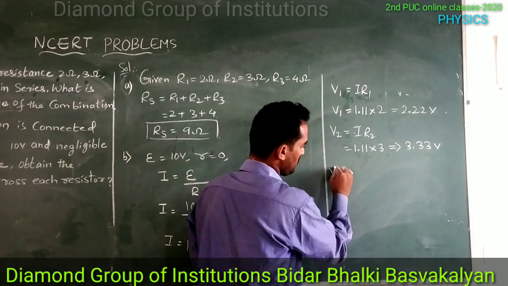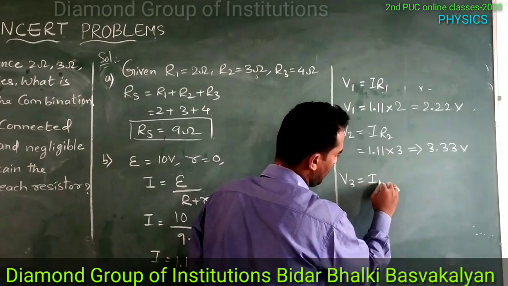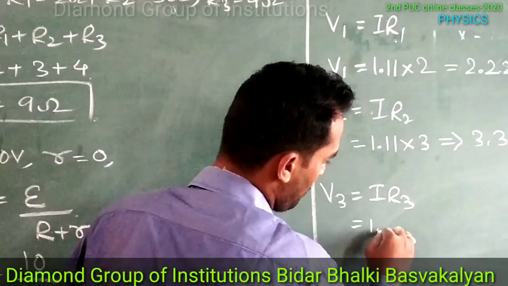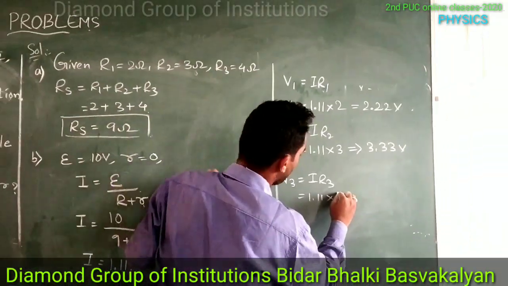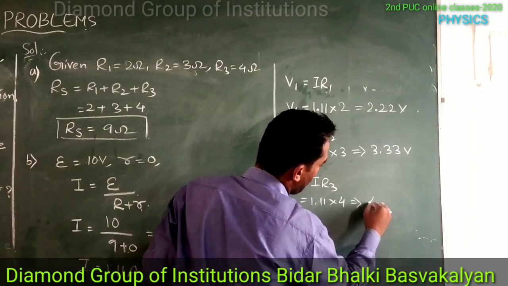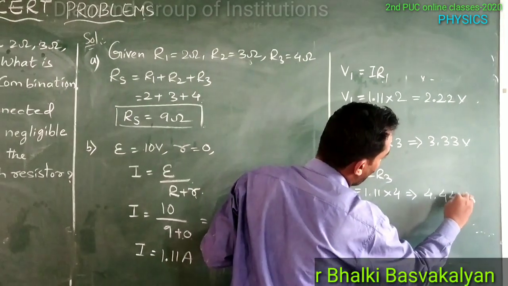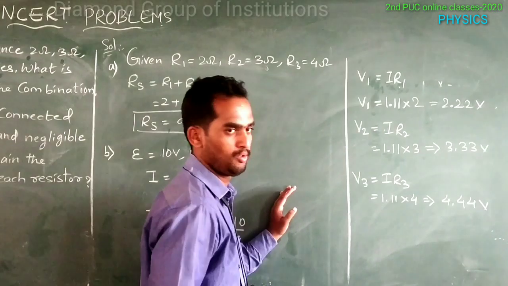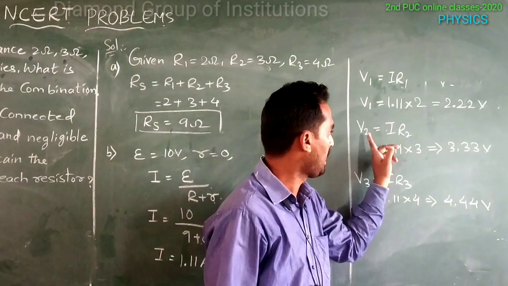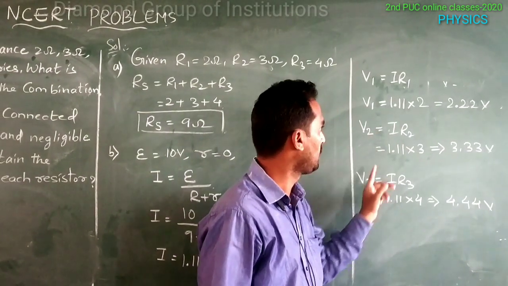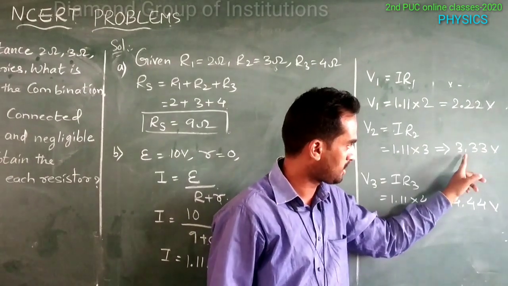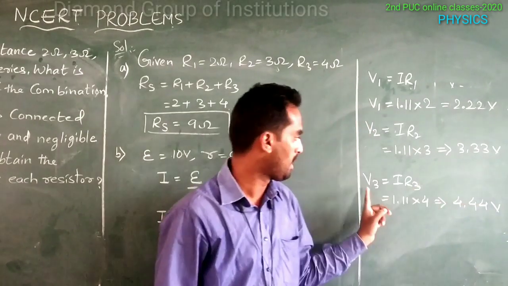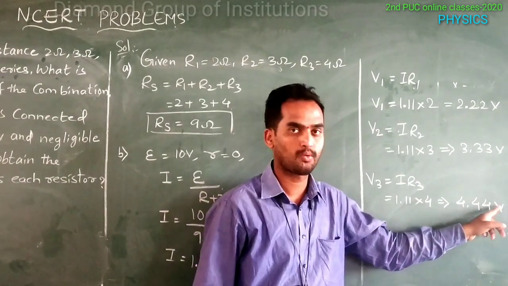Finally, V3 equal to I into R3, 1.11 into the final resistance value 4, which is 4.44. So we got V1, V2 and V3. V1 value is 2.22, V2 value is 3.33 volts and V3 is 4.44 volts.